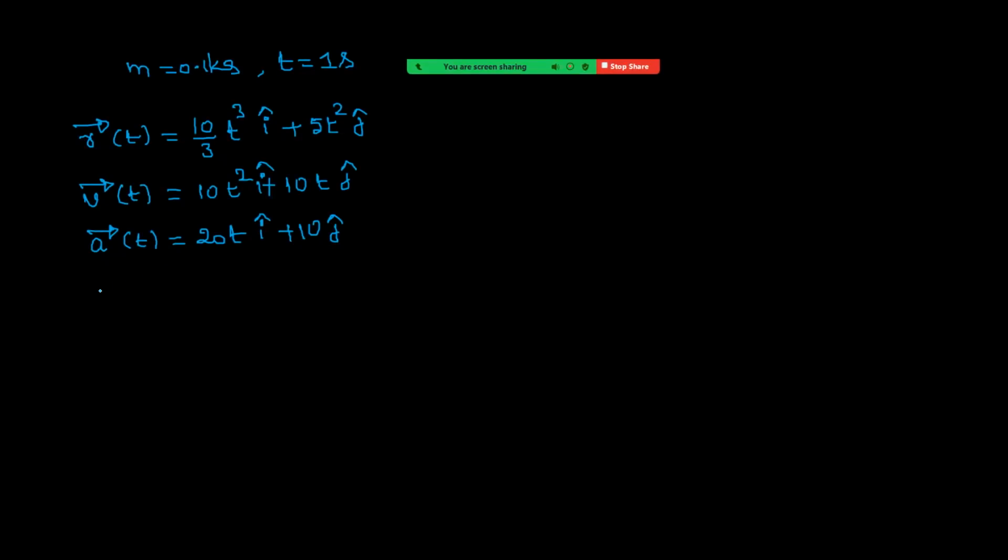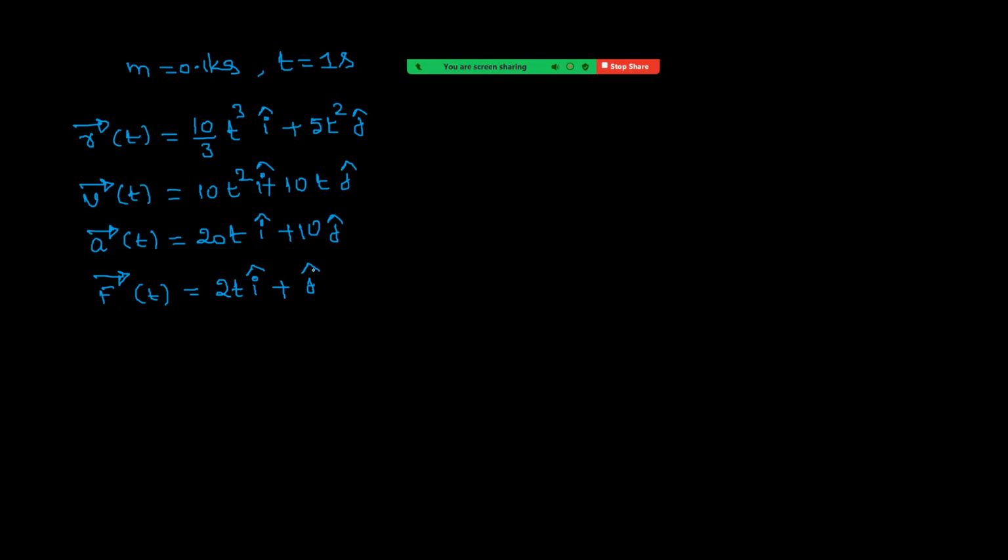Now the force vector as a function of time is actually the net force, okay? Because net force equals mass into acceleration and mass is 0.1. 0.1 means 2t I cap plus j cap, okay?